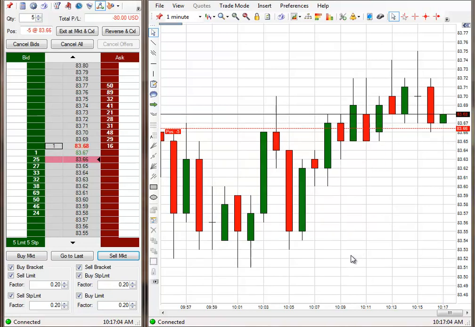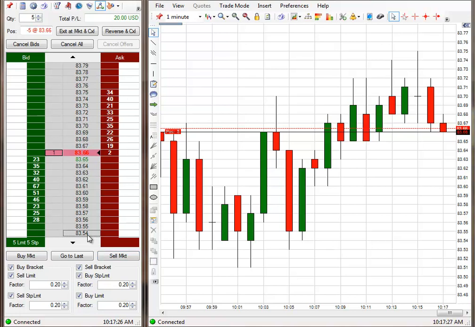I'll be able to keep the loss smaller than 20 ticks if I do have a loss. I haven't calculated what it is yet. And keep it down to about 10 ticks if I do have a loss. 10 tick loss, 20 tick profit. So I'm going for 20. I will come back shortly and show you the progression and the outcome of this trade.